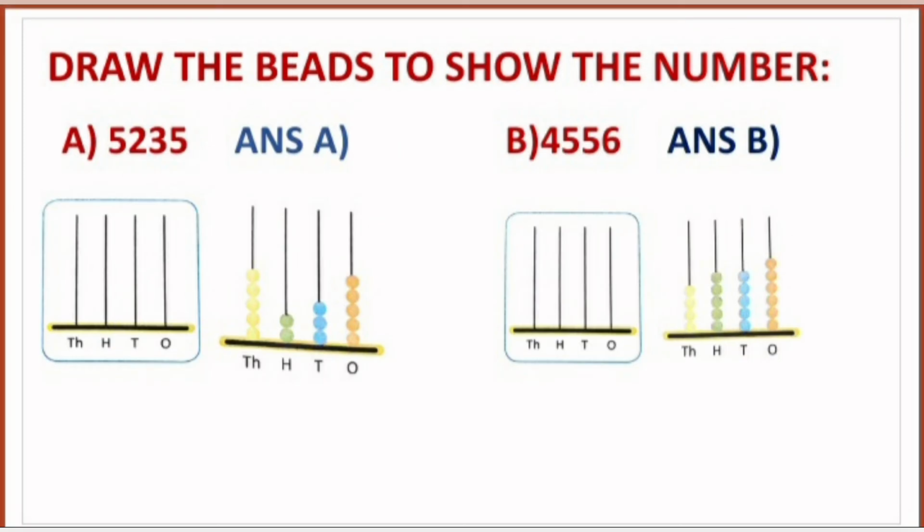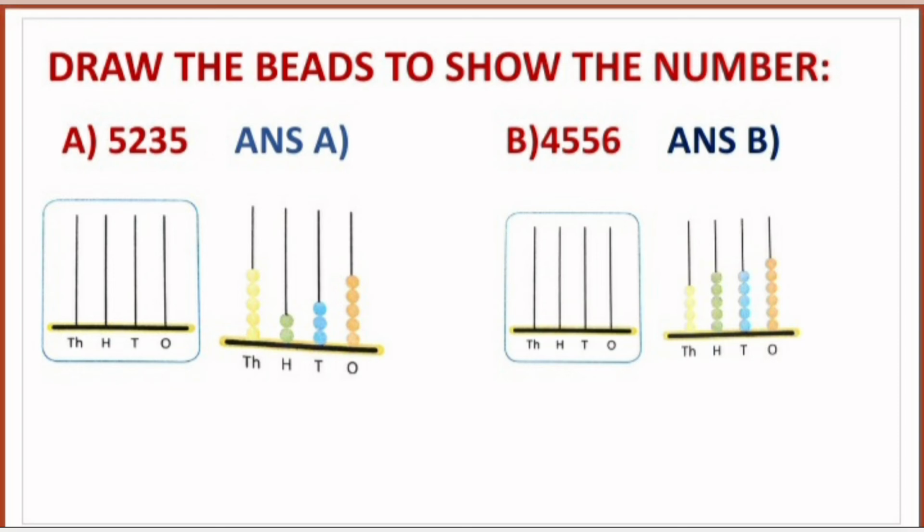Now, children, this is the other question which you can see here. You have to draw the beads to show the number, and it's very easy. Just the reverse procedure to the previous slide. Here the question given is 5235. In ones place the digit is 5, so 5 beads are shown on the ones rod.